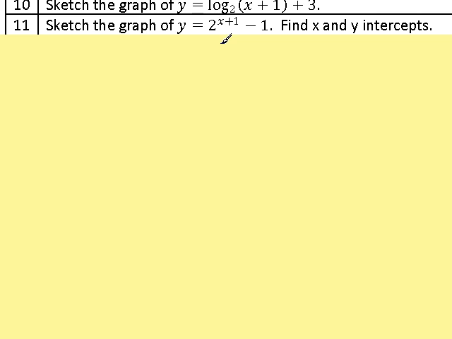Okay, let's look at y equal 2 to the x plus 1, minus 1. All right, so let's remember just quickly y equal 2 to the x. 0, 1, up on the right, down on the left, leveling off. All right, let's do left 1.